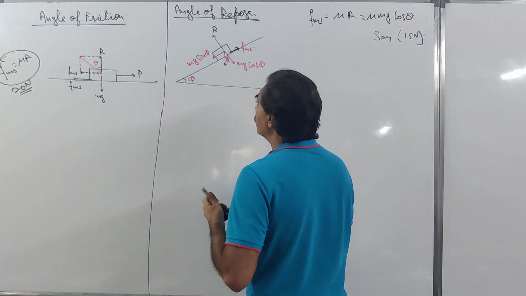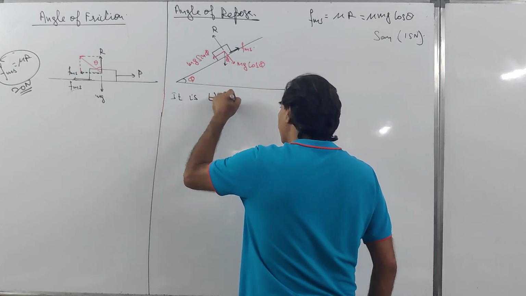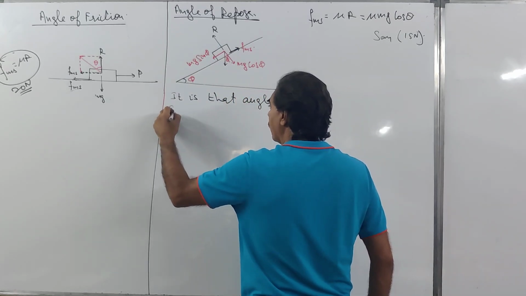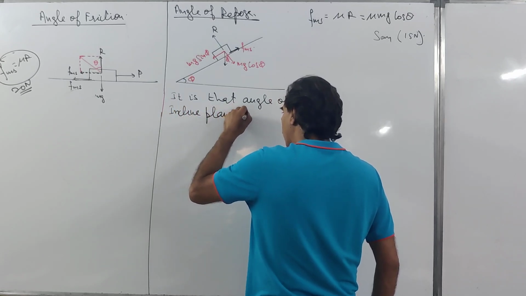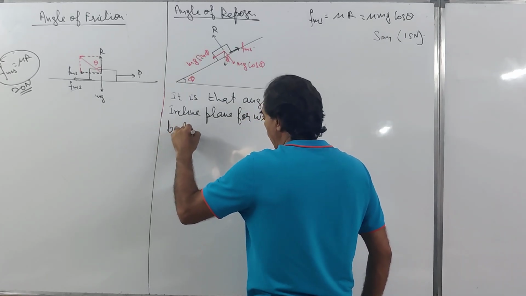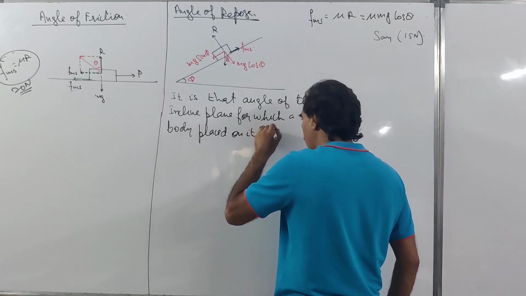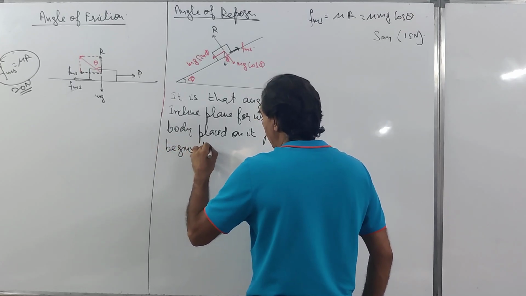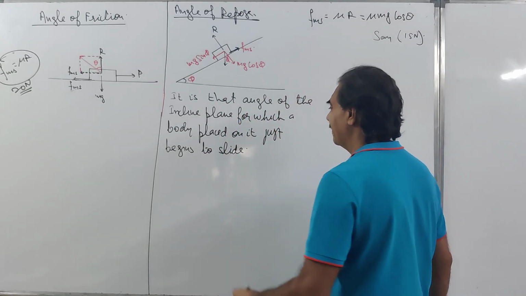Angle of repose. It is that angle of the inclined plane for which a body placed on it just begins to slide.